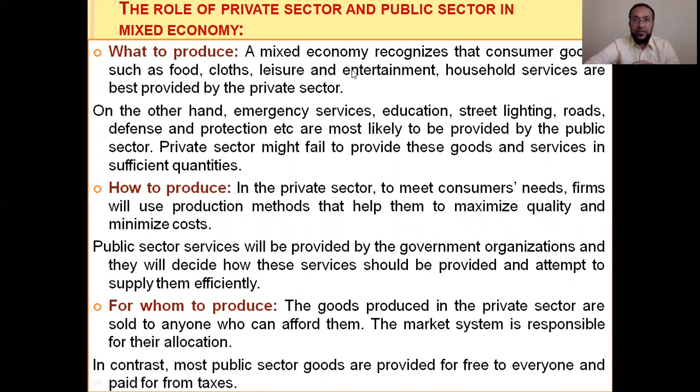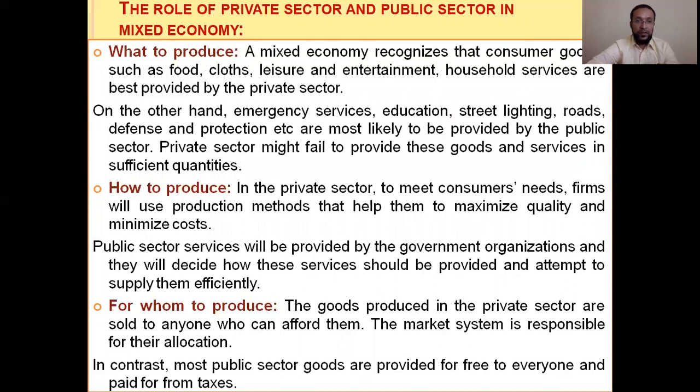A mixed economy recognizes that consumer goods such as food, clothes, leisure, entertainment, household services are best provided by the private sector. On the other hand, essential services like education, street lighting, roads, defense, and protection, etc. are most likely to be provided by the public sector, because the private sector might fail to provide these goods and services in sufficient quantities.